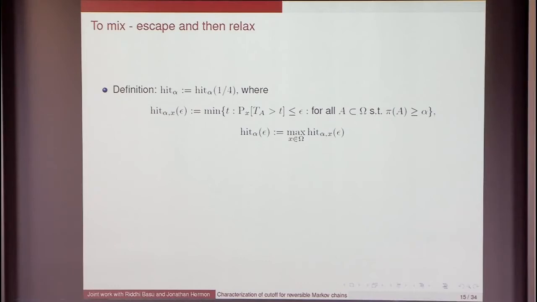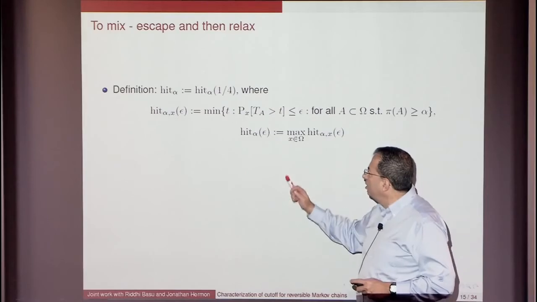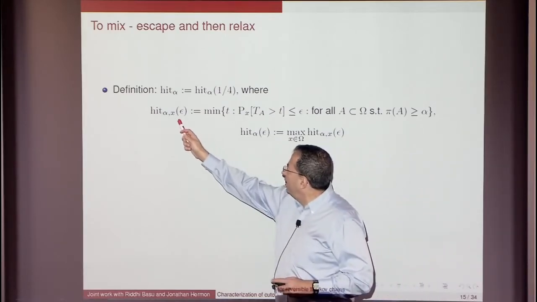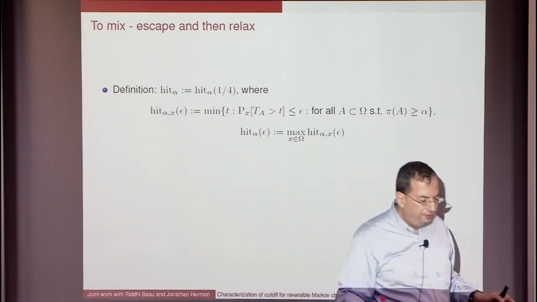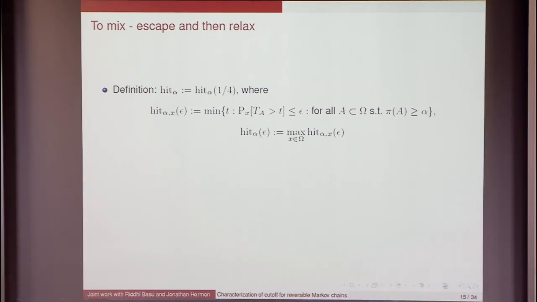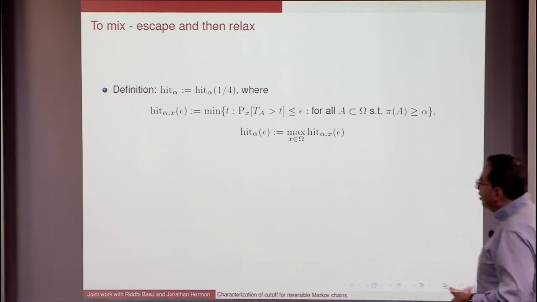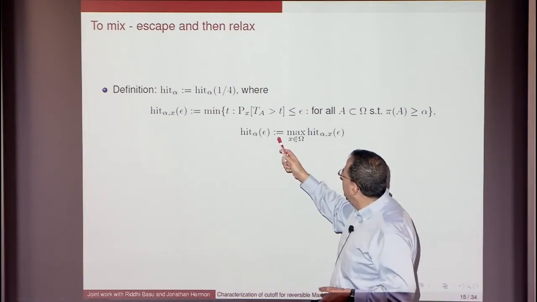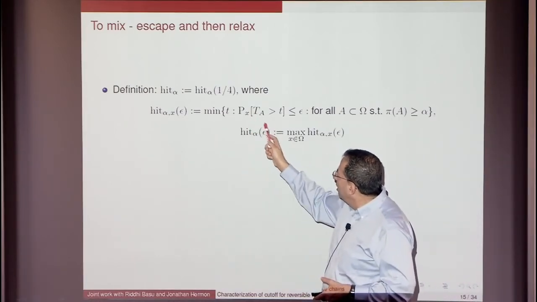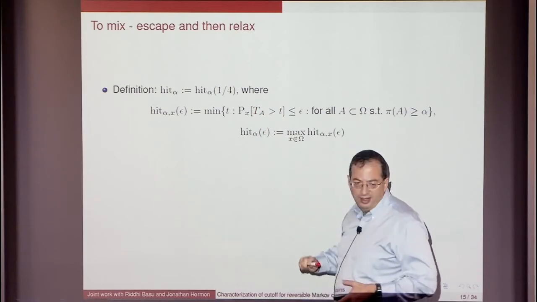The same way as we define t_mix(epsilon), we can define t_hit(epsilon). So what is this t_hit,alpha(epsilon)? We fix alpha, think of alpha equals a half, so we're looking at target sets of measure a half. And we want to ask not for the expected hitting time, but really for the tail of the hitting time distribution. So this t_hit(epsilon) is the first time so that the probability you haven't hit A is less than epsilon.